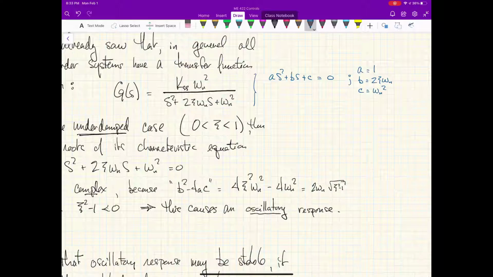And here, of course, with the quadratic equation, I'm dealing with the denominator. But still, the roots of this quadratic equation are also the poles.